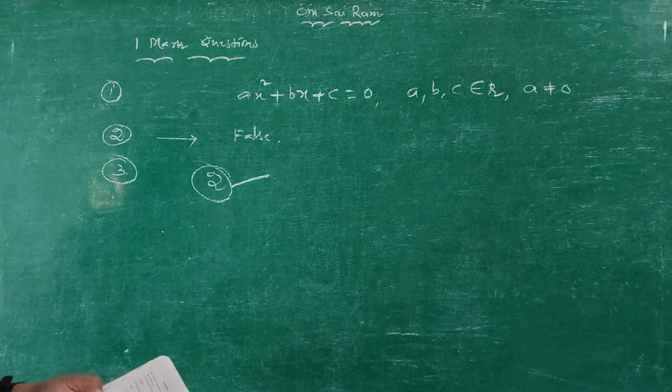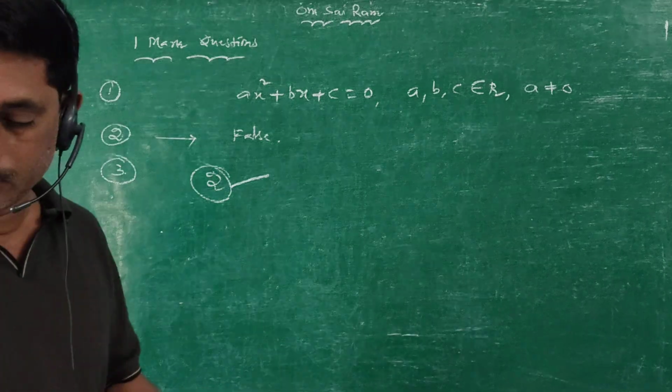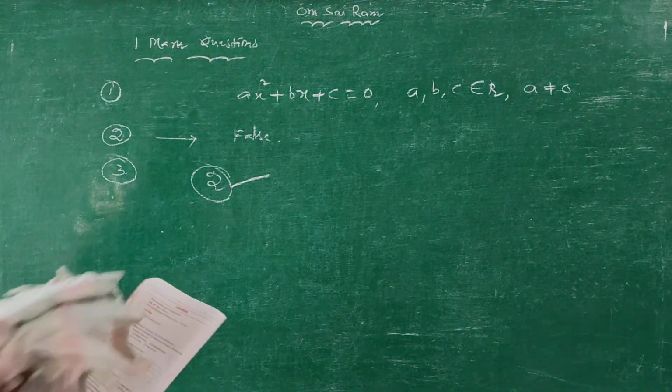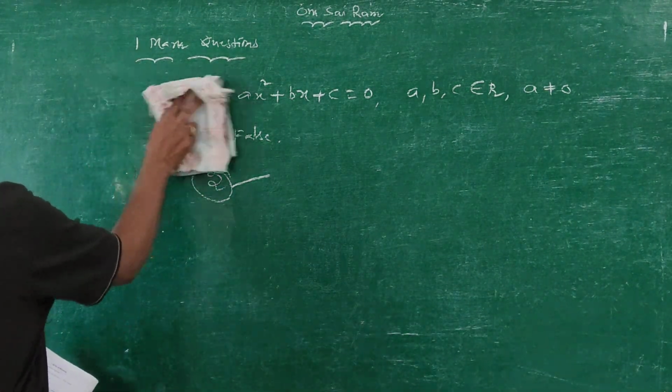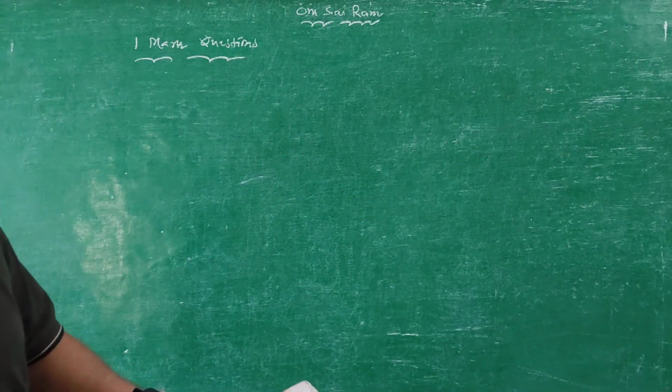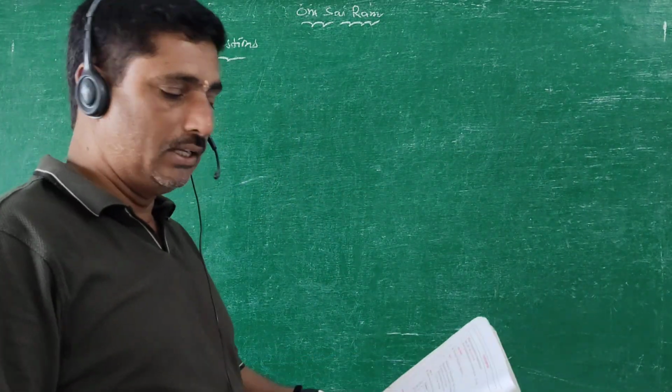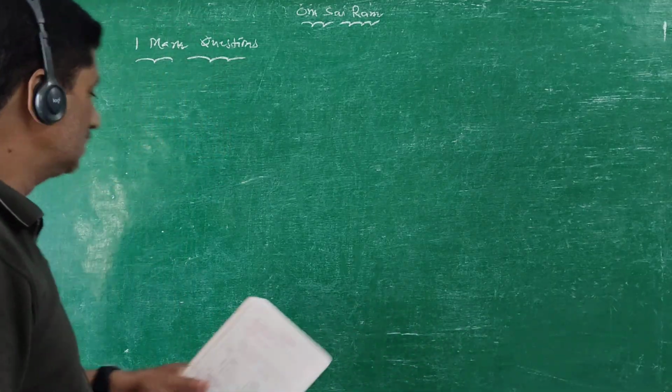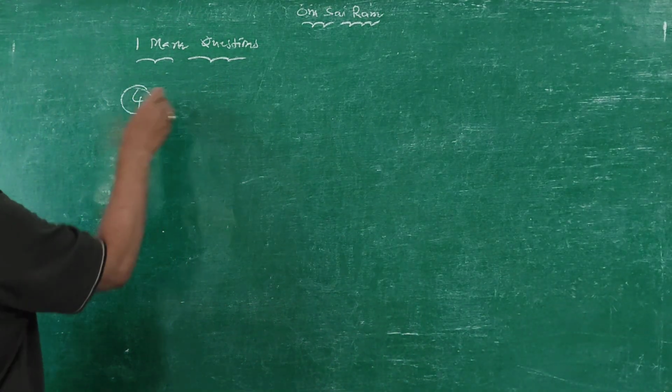And then next they gave another type of fourth question. They gave two mathematical statements here. We have to verify whether each is true or false.